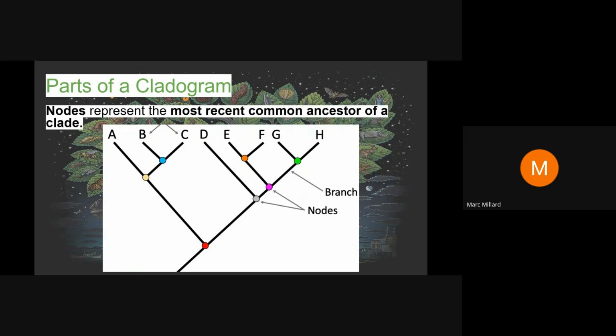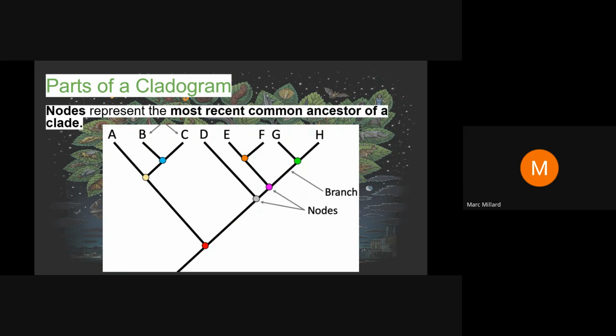On a cladogram, you have these points where things branch off, these round areas. You can see them. They're colored here like blue, red, pink, green, red. These are called nodes. They represent the most recent common ancestor of a clade. So like right there, that's a node. Right there, that's a node. So this is a node.